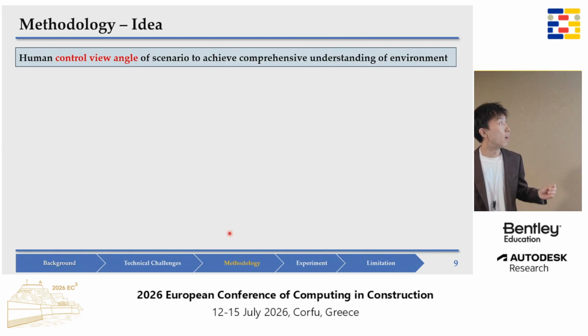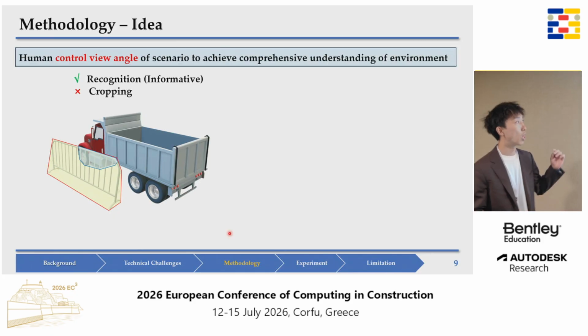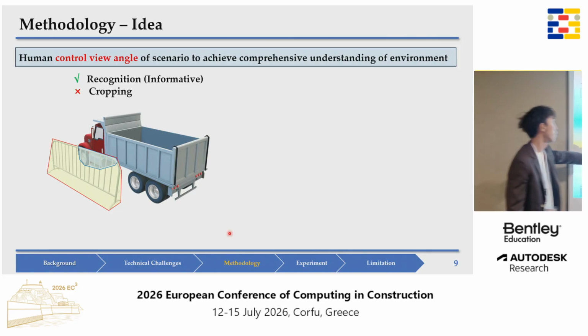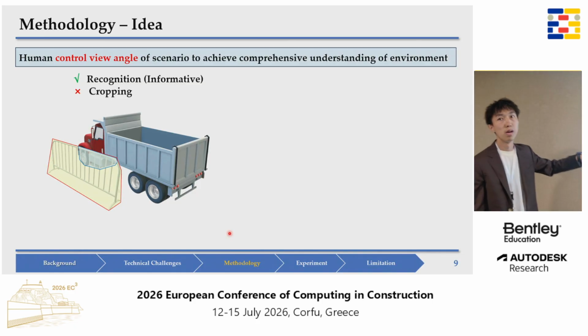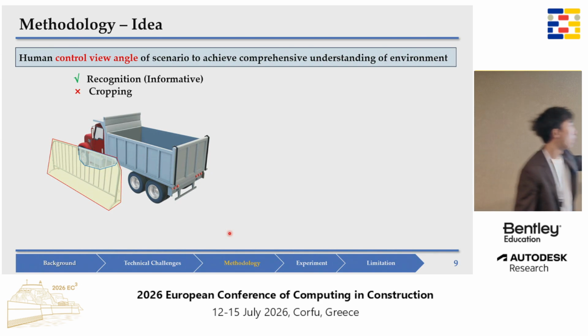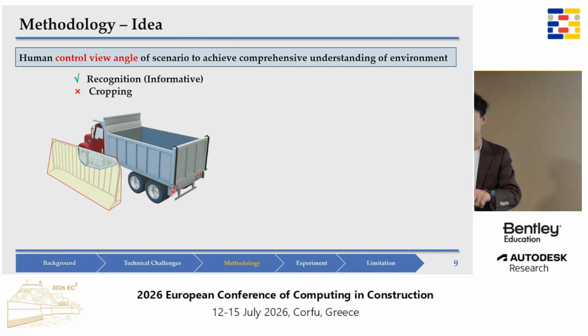In this manual segmentation process, we identified two critical views. The first one is the recognition view. Taking this safety barrier as an example, it's easier for us to recognize that this is a safety barrier. But when we try to segment it out, we may draw a polygon here, and it will include some irrelevant objects, like shown here.